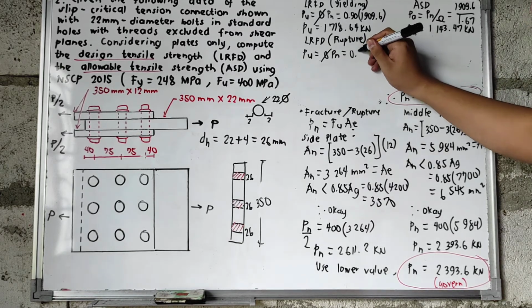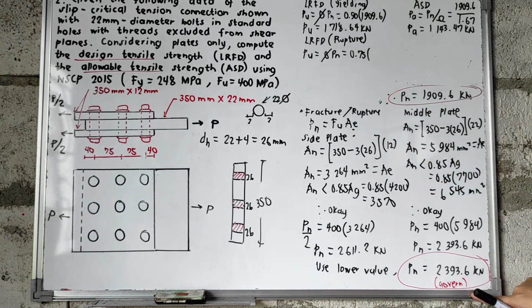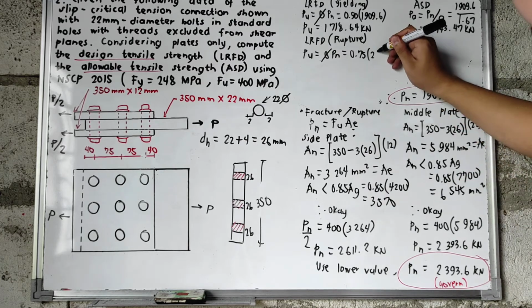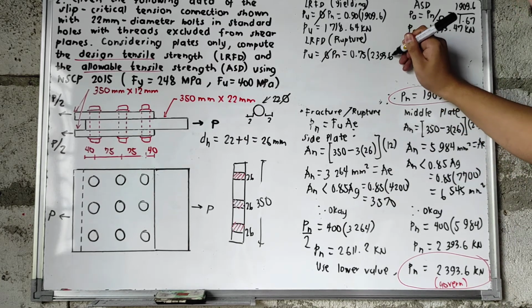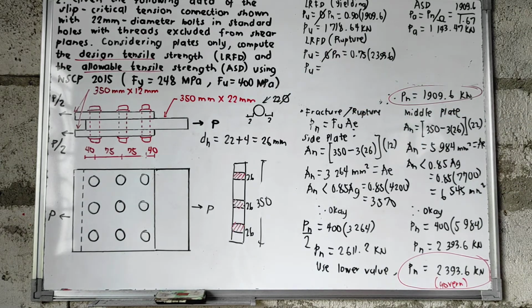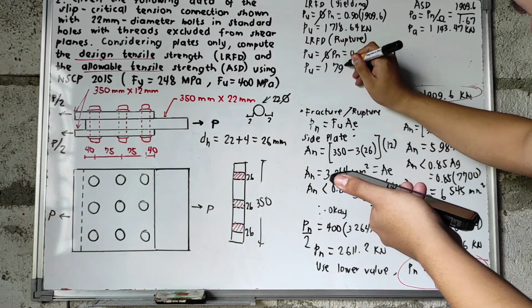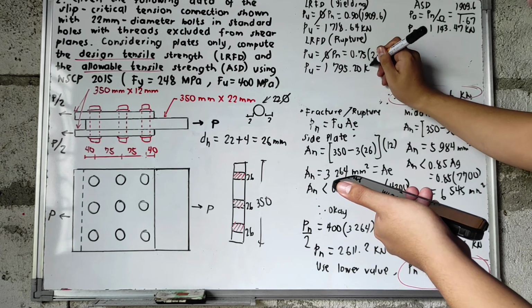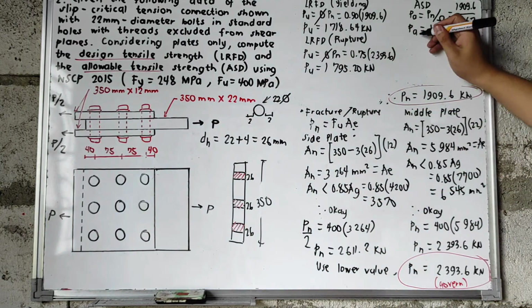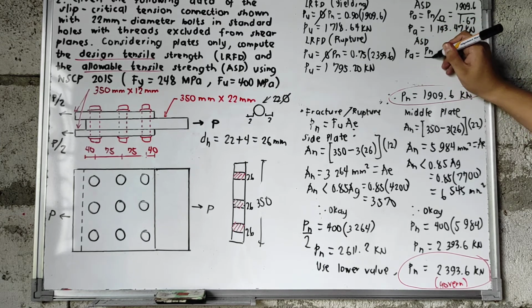So we have 0.75 multiplied by the nominal na nakuha natin, 2,393.6. So the value of your design tensile strength is equal to 1,795.20 kilonewton.